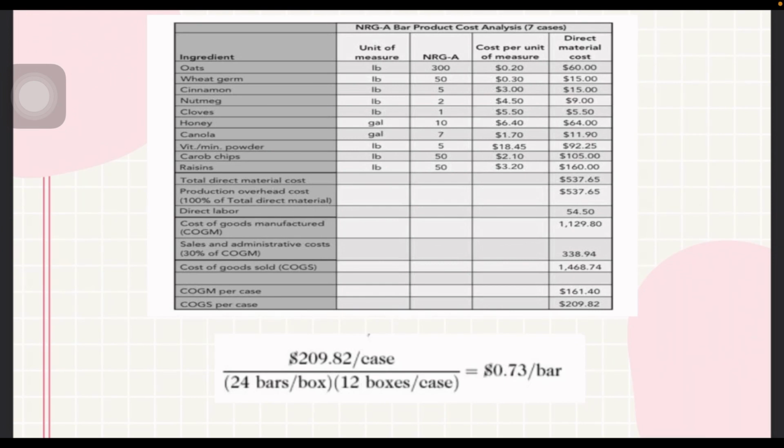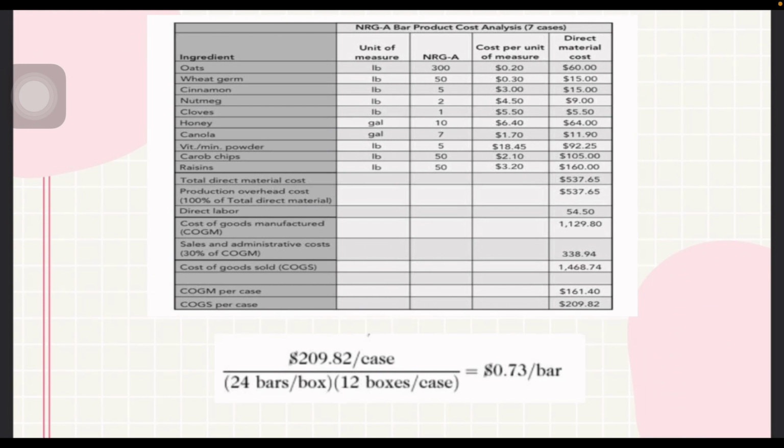The sum of the direct materials, production overhead and direct labor is the cost of goods manufactured, or COGM. Currently Fitter uses a rate of 30% of the cost of goods manufactured to estimate the sales and administrative cost. So adding the sales and administrative cost to the COGM gives the cost of goods sold, COGS.